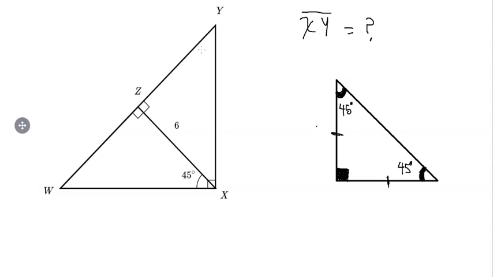So if we call this side A, let's put letters on the vertices here: A, B, C. If we call segment AB A, what would be the value of segment AC? Yes, that's correct.